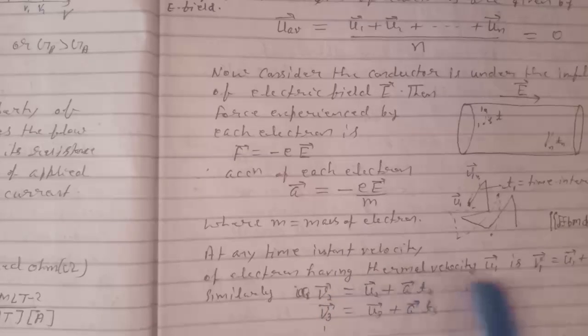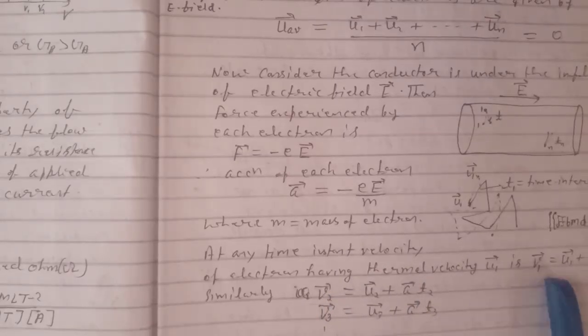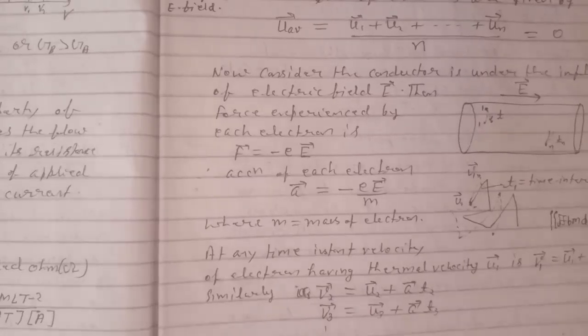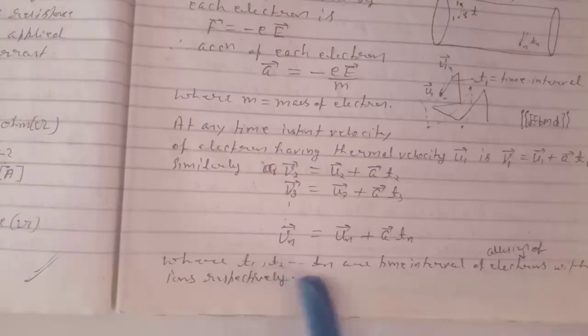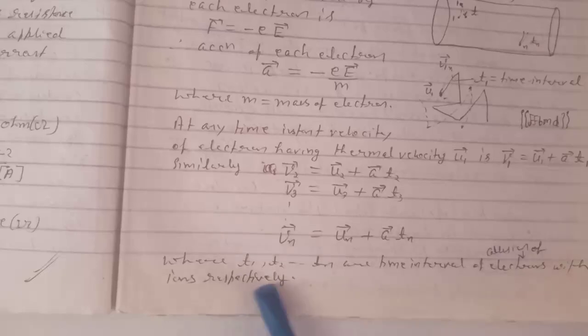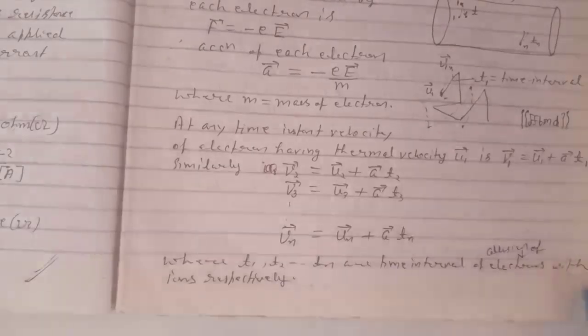The velocity of the electron having thermal velocity u1 is v1 equals u1 plus a vector into t1. Similarly, v2 equals u2 plus a vector into t2, v3 equals u3 plus a vector into t3, ..., vn vector equals un vector plus a vector into tn. Here t1, t2, tn are the time intervals of collisions of electrons with ions respectively.